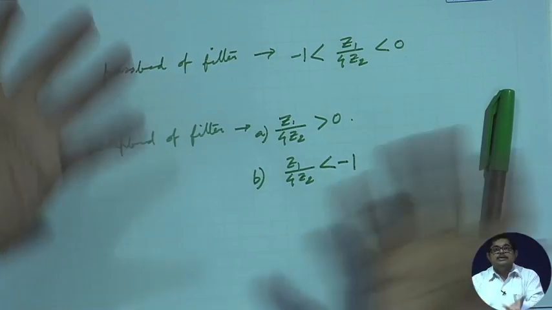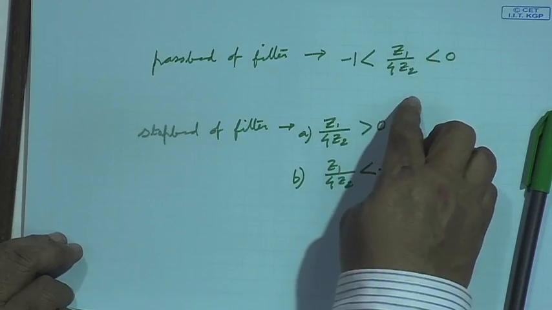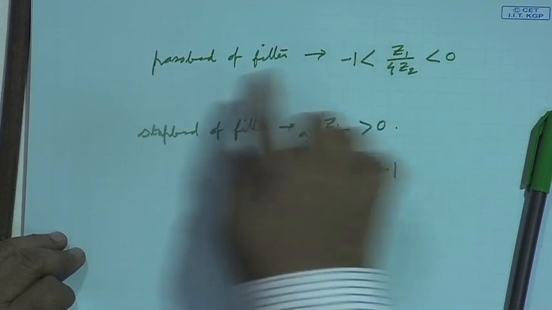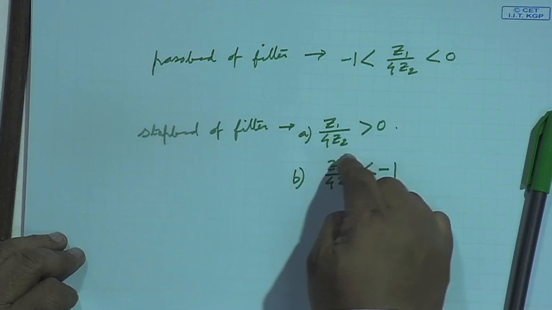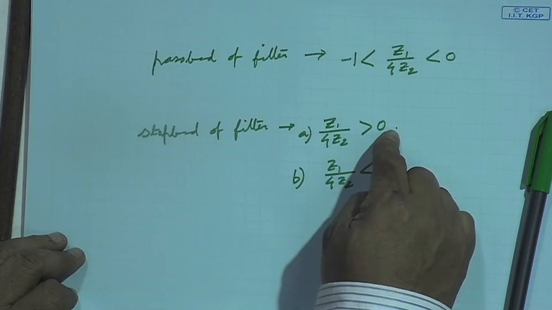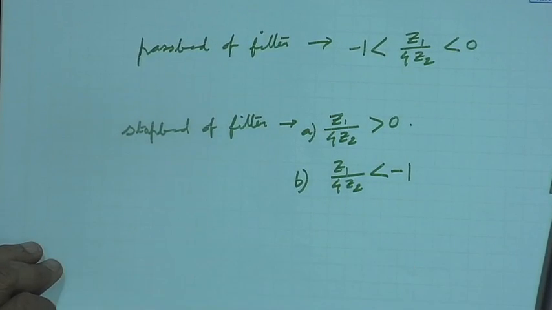We will see in the next lecture what is the implication of that. But what we have done here is found that if you want a passband, for the two reactances, their impedances Z1 and Z2, the ratio Z1 by 4 Z2 should be within this range, and only then can you have a passband. And if you choose Z1 by 4 Z2 either this or this, you get the stop band of the filter.